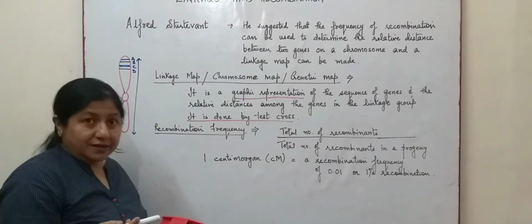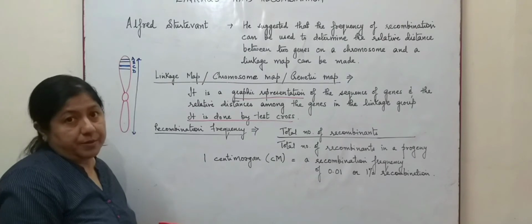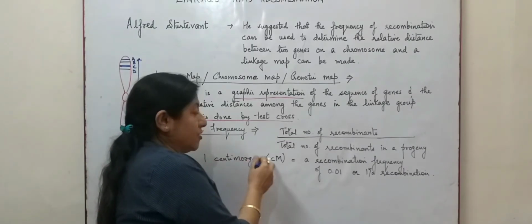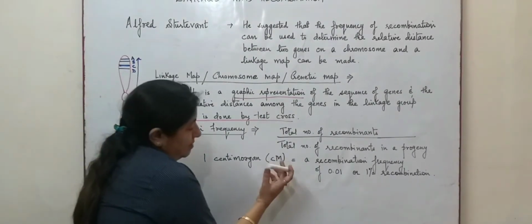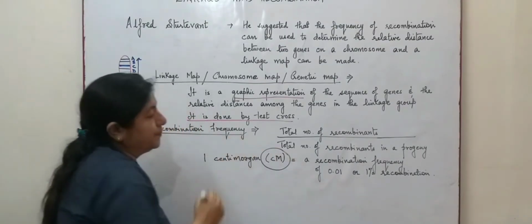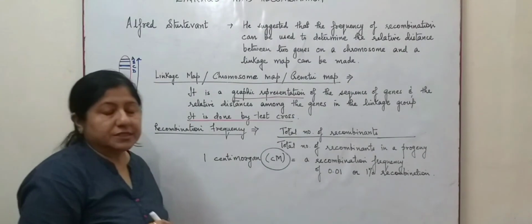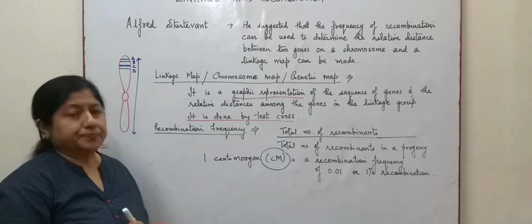So the higher the number of recombinants, the greater will be the recombination frequency. And 1 centimorgan, which is a unit, we use this symbol. It is a recombination frequency of 0.01, or we say 1% recombination.